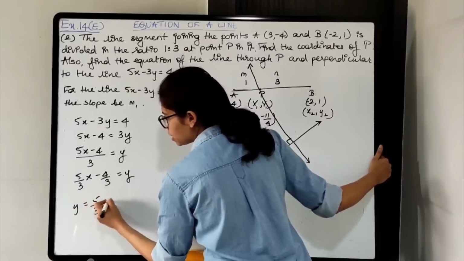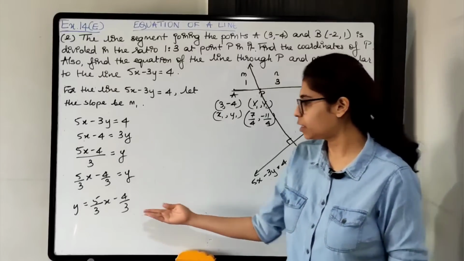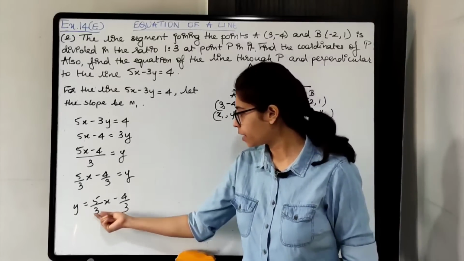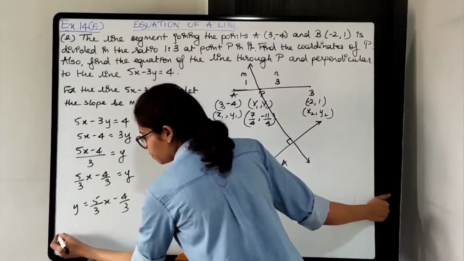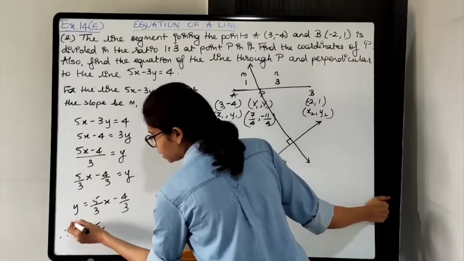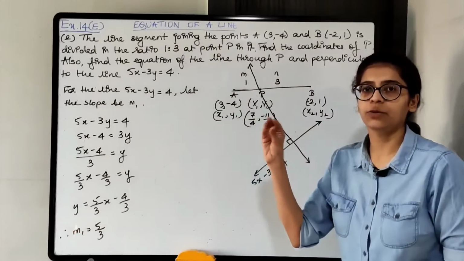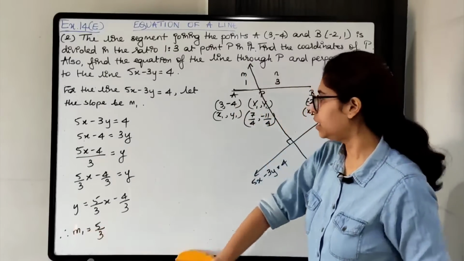We got it in standard form. है ना? So comparing the equation with the standard form, the slope is 5 by 3. So m1 is 5 by 3. So therefore m1 is 5/3. I'm not writing down the statement, comparing the equation with the standard form. So m1 मिल रहा है 5/3.